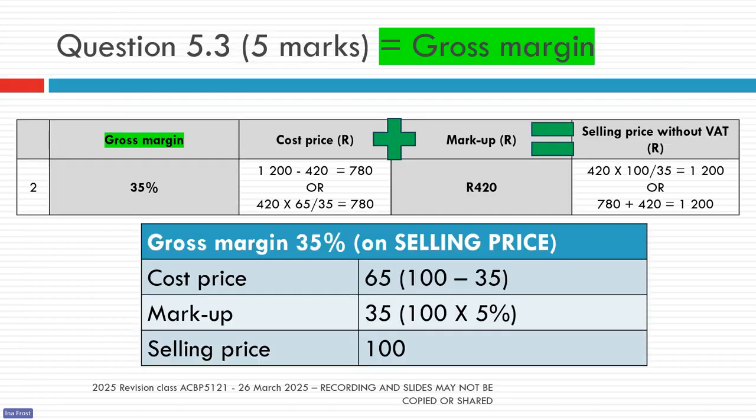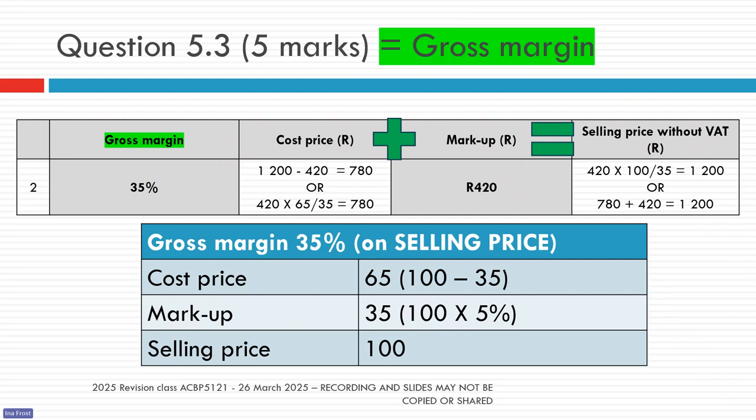So I'm going to start with number 2 first. So in number 2, again, we gave the student already the profit or the markup, and they then had to work back to the cost prices and the selling prices. So again, we had to use that little formula about what we have over what we want.